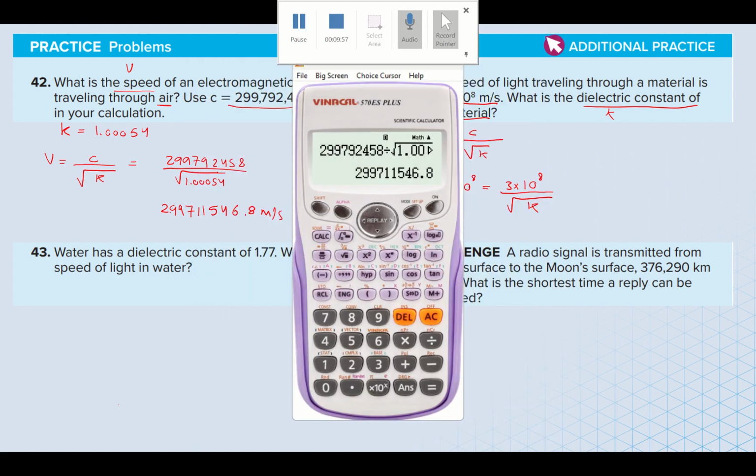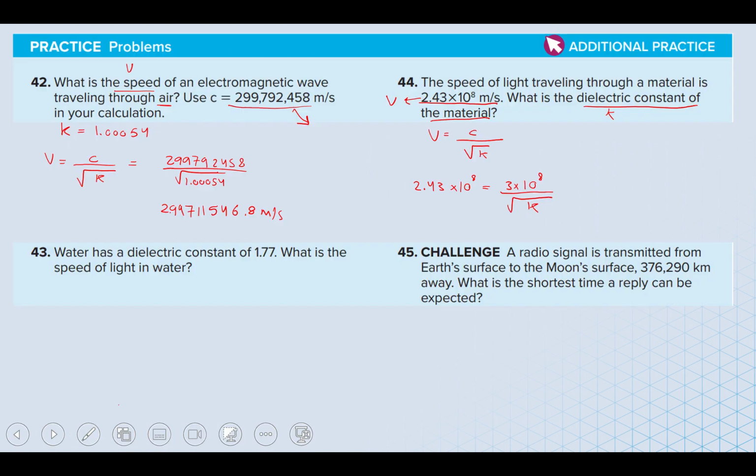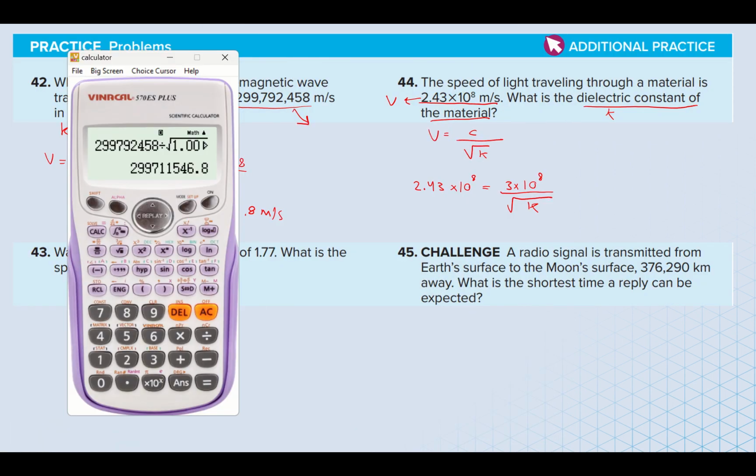Using the shift solve on the calculator, you can find it easily. All right, so let's put that here. 2.43 times 10 to the power of 8, and then equal, and then fraction, we have 3 times 10 to the power of 8, and down here we have the square root of K, which is the unknown, so we're going to put X, and then shift calc and equal.